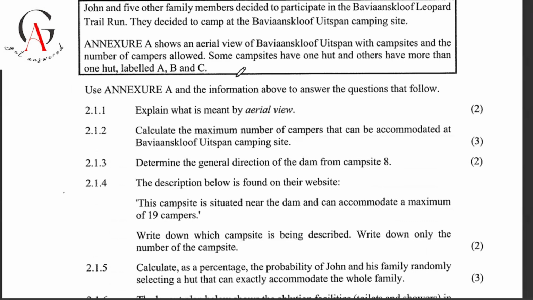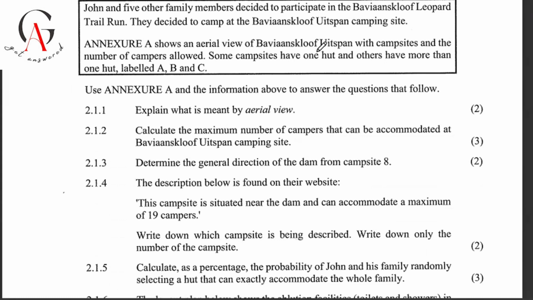Question number 2. John and 5 other family members decided to participate in a leopard trial run. They decided to camp at the Pigeon campsite there. Use Annexure A, which shows the aerial view of the campsite and the number of campers allowed.